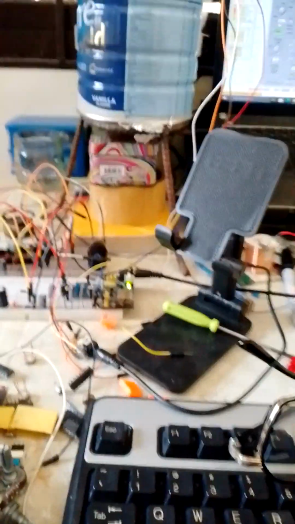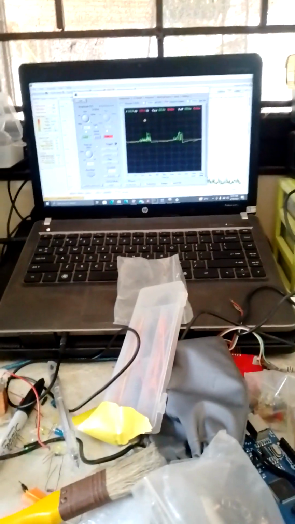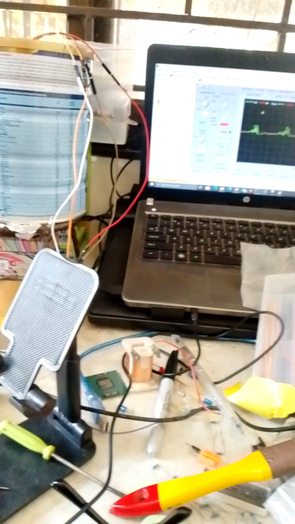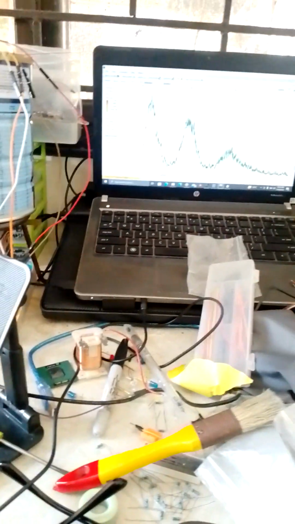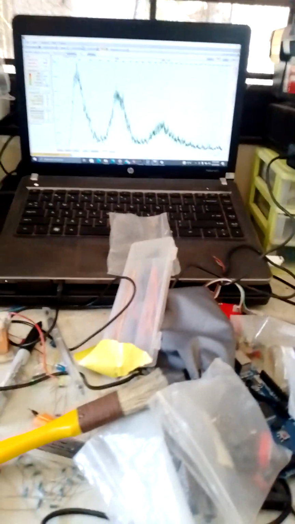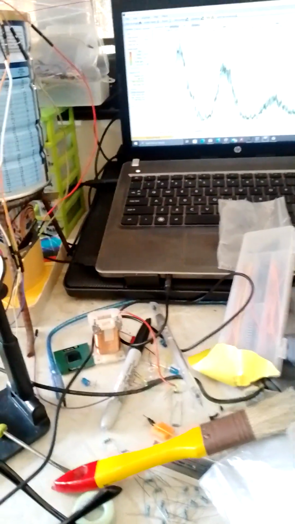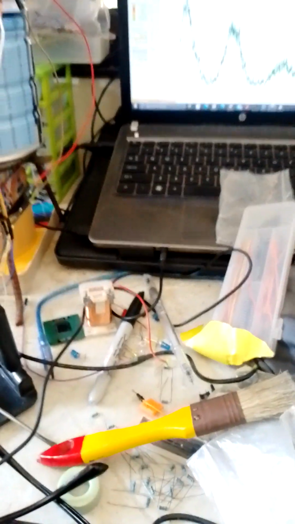Good morning, everyone. I am experimenting now with gamma spectroscopy, and this is the sound card oscilloscope that I use, and this is the graph of the gamma spectroscopy with my own homemade liquid scintillator, and two photodiodes that detect the confirmation of the coincidence of the gamma spectroscopy.